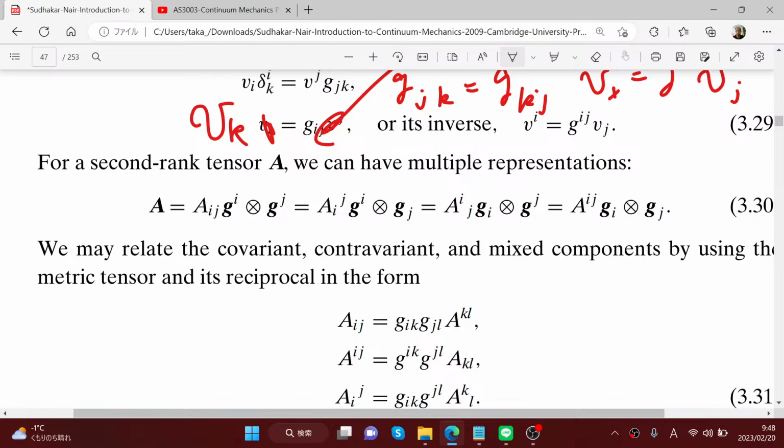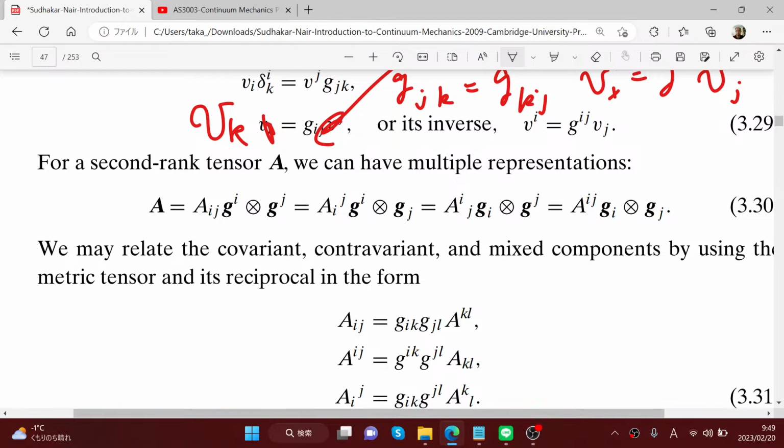A equal Aij gi tensor product gj, or Aij with i up, j down, gi down multiplied by gj up, which is equal to Aij upstairs gi multiplied by gj downstairs.